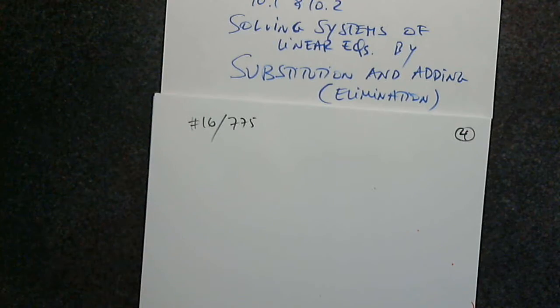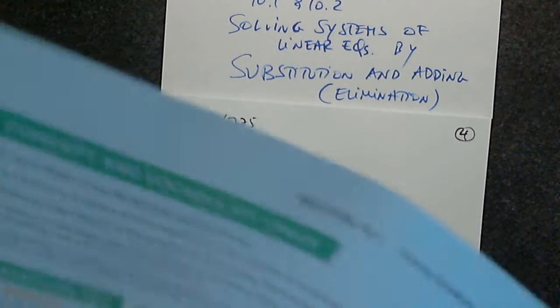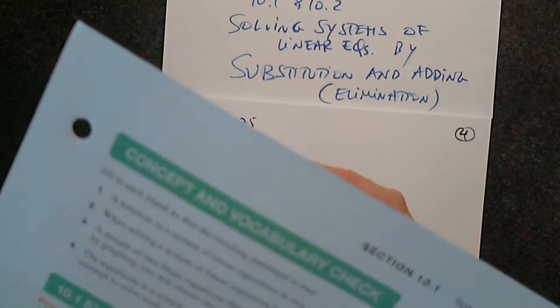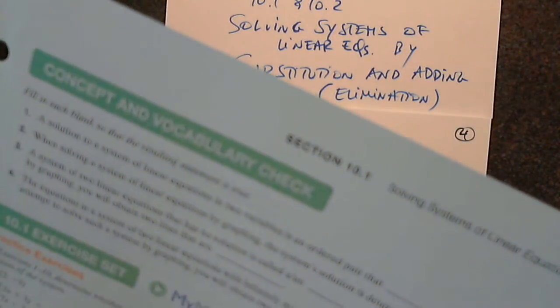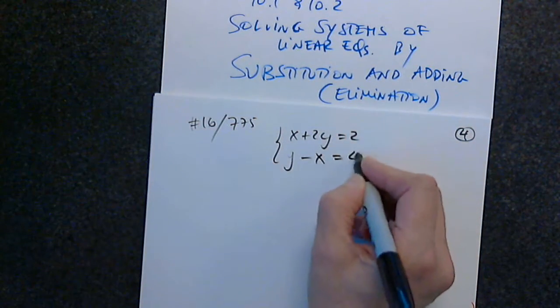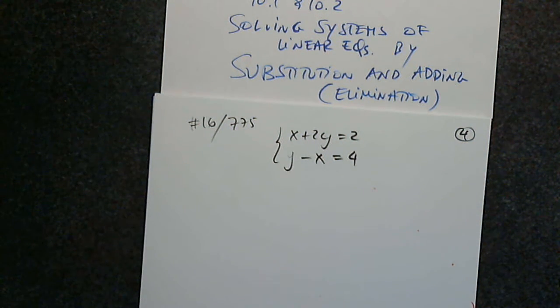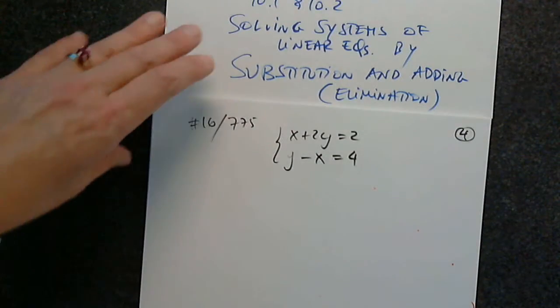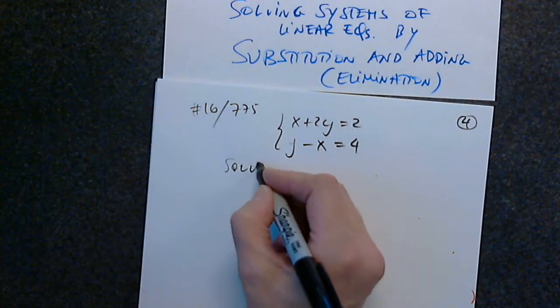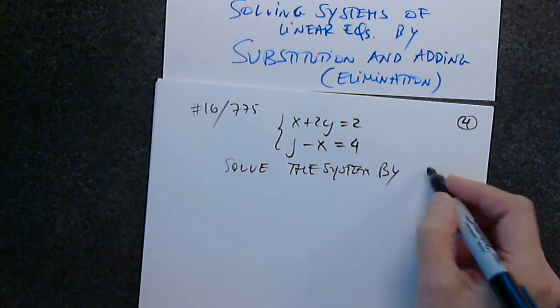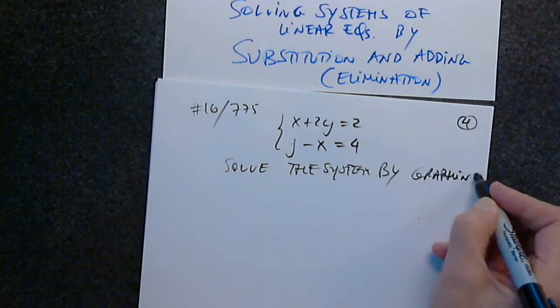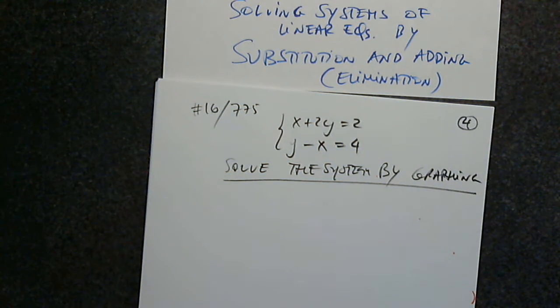Okay. So the system is x plus 2y equals 2, and y minus x equals 4. They want us to solve by graphing. Solve the system by graphing. I will personally never solve a system by graphing before I determine the algebraic solution.